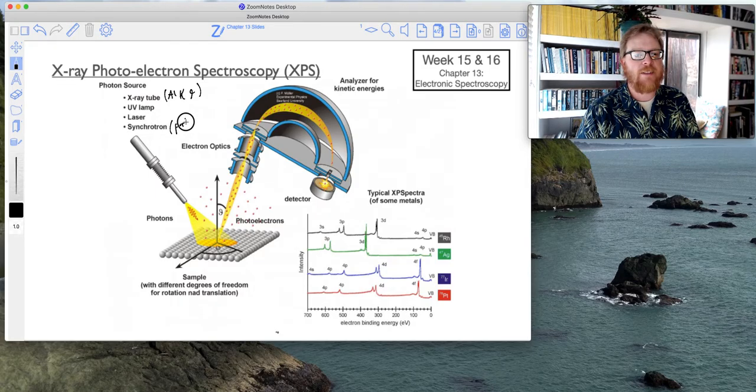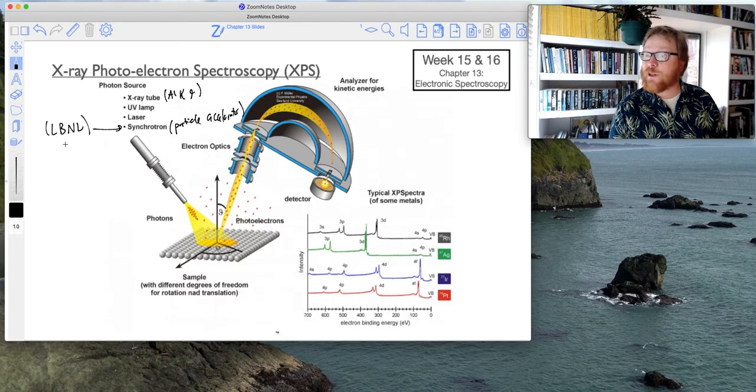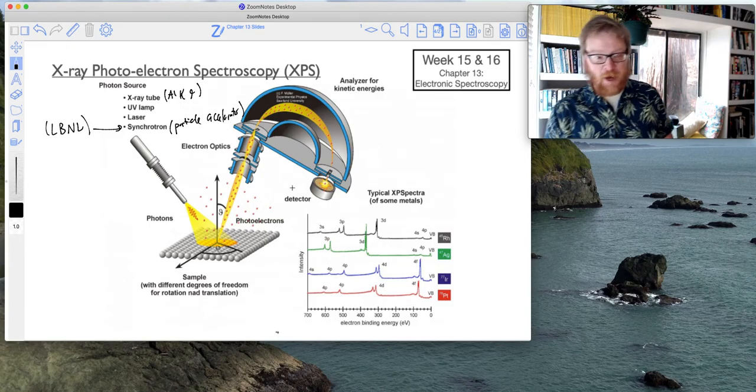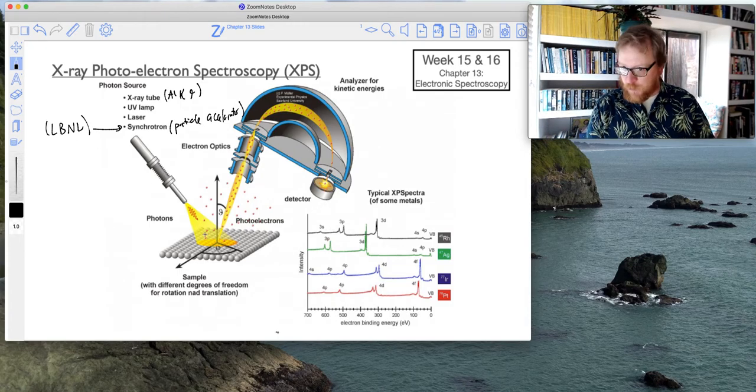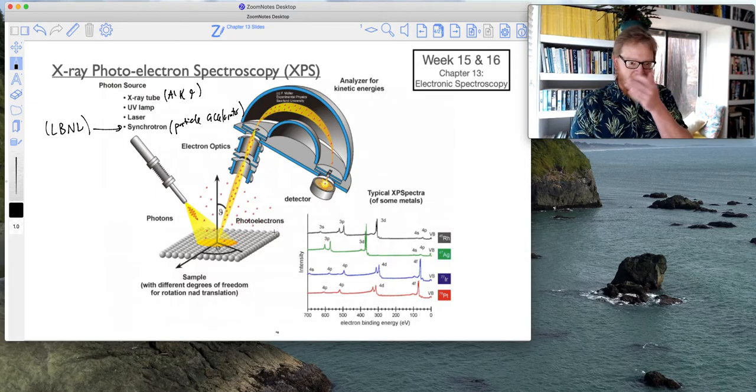And by synchrotron, that's a particle accelerator, such as LBNL. That stands for Lawrence Berkeley National Laboratory. Lawrence Berkeley National Laboratory is one of the more famous synchrotrons in the United States.